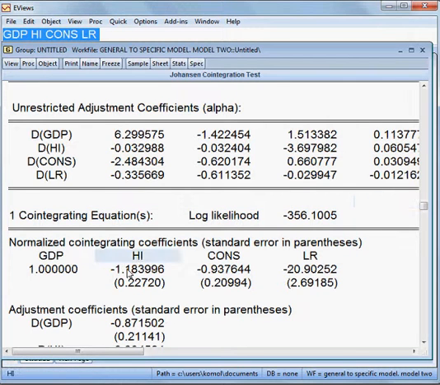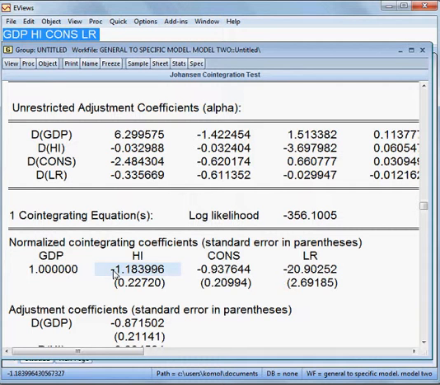Okay, you can see this coefficient has become negative. That means when the housing business goes up, then GDP goes down, because of the negative sign. But this should be positive, because normally when housing goes up, GDP should go up.